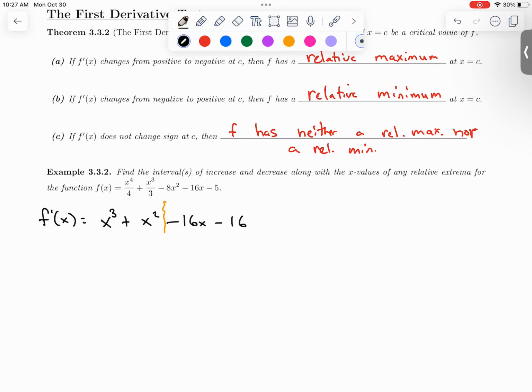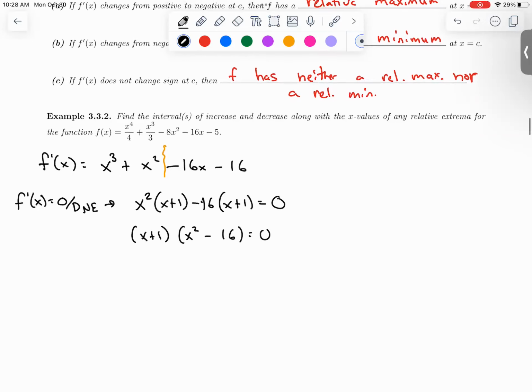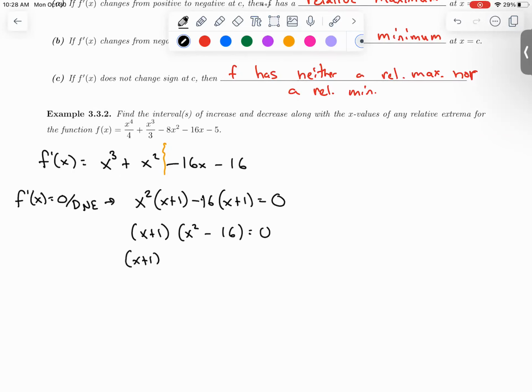So setting the derivative equal to 0 slash DNE, I'll factor out an x squared and I get x plus 1. And from the second set of terms, I'll factor out a negative 16 and I'll also get an x plus 1. So I can factor out x plus 1, and then x squared minus 16 is equal to 0. That really gives me x plus 1 times x plus 4 times x minus 4 is equal to 0.